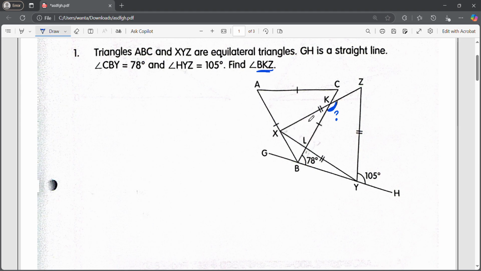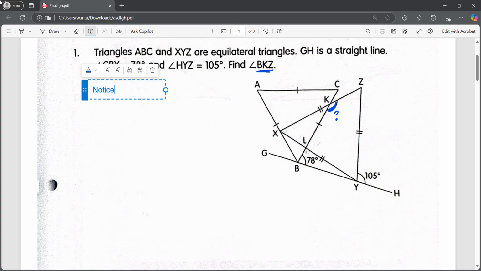If you notice that BKZ is in a straight line with XKL, then we can actually find it. Once we know XKL, we just use 180 minus XKL, and then we'll be able to find BKZ. So notice that BKZ is 180 minus XKL. So let's try to find XKL.